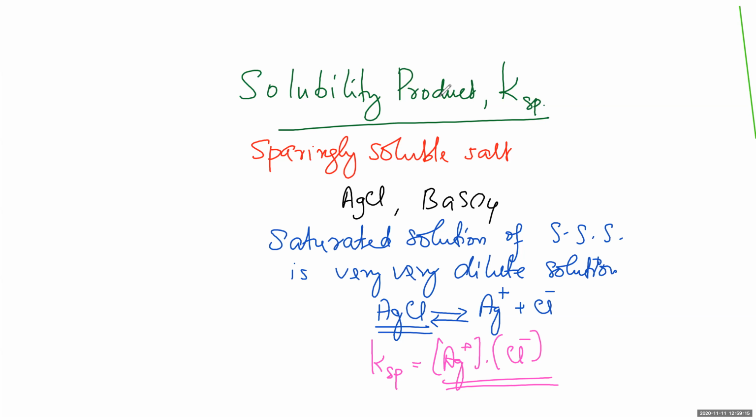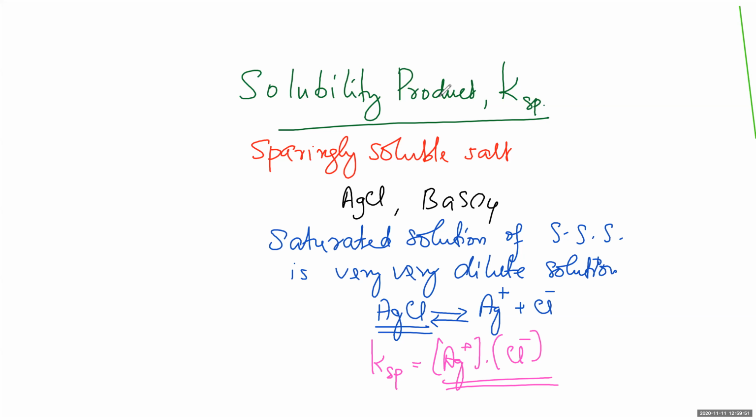In the saturated solution, there will be the maximum amount of positive and negative ions, so the concentrations of the ions will remain constant. At equilibrium, the concentrations remain unchanged. For AgCl, the concentration of Ag plus remains constant, and the concentration of Cl minus remains constant.